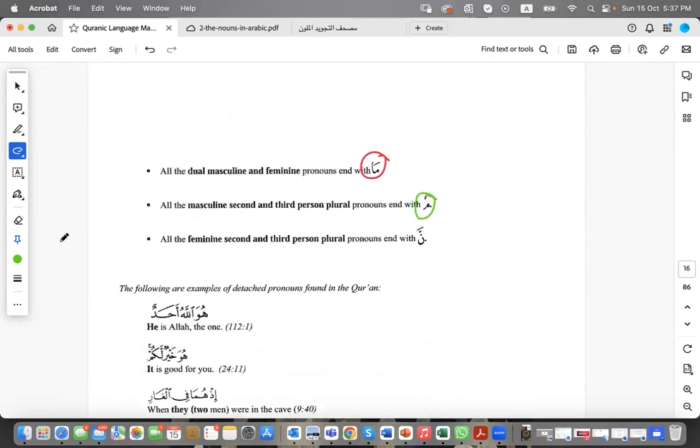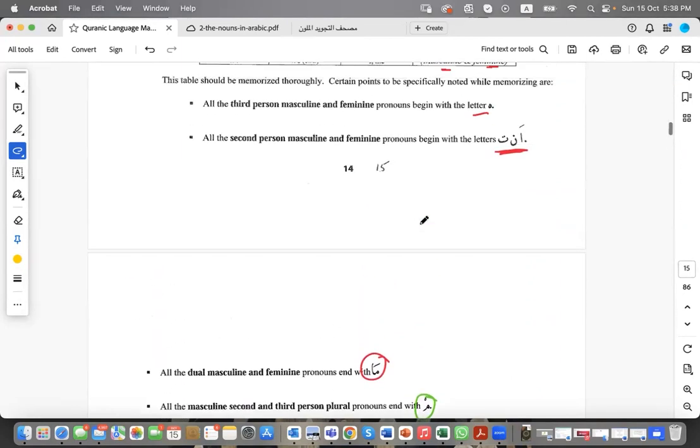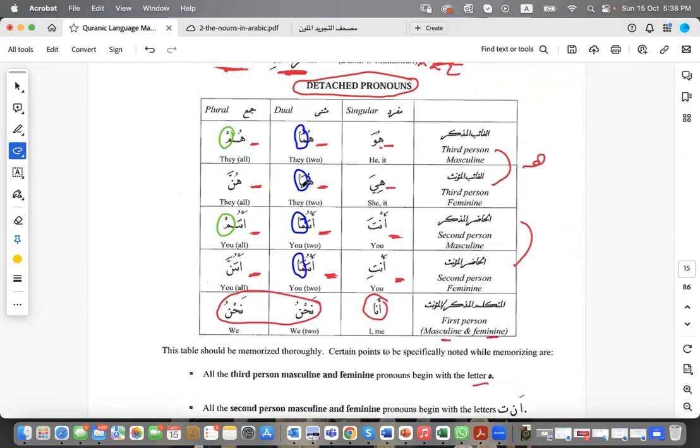Finally, all feminine second and third person plural end with a noon with a shadda and fatha, as you can see.